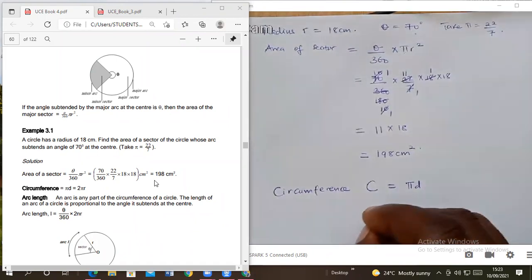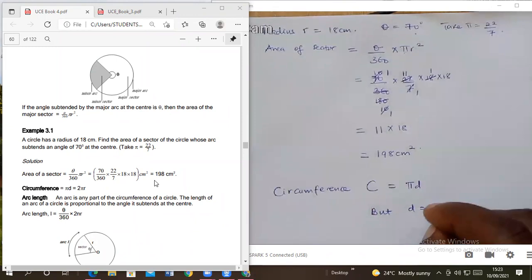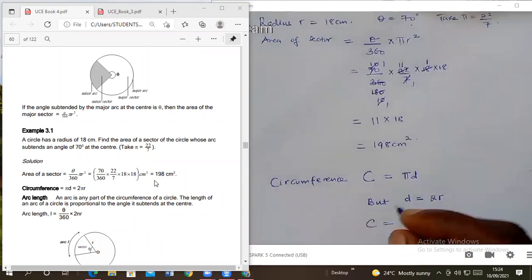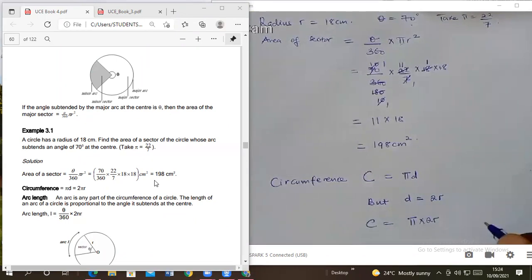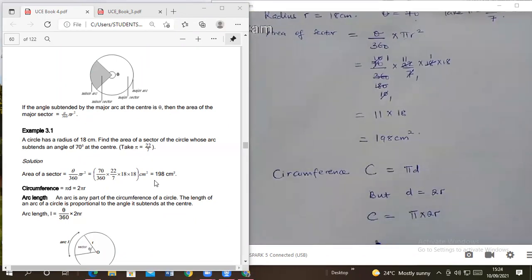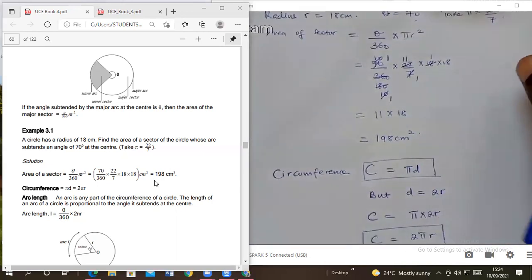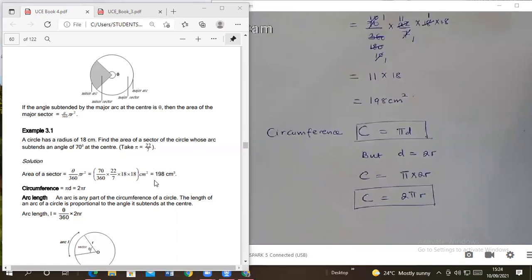But diameter equals 2 times the radius, isn't it? So circumference is equal to pi times 2r. Sometimes someone writes circumference as 2 pi r. So you can use this, or you can use that to find the circumference.